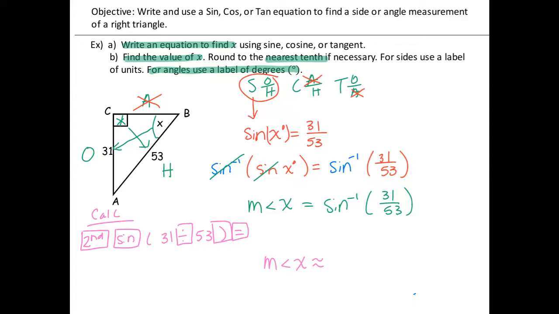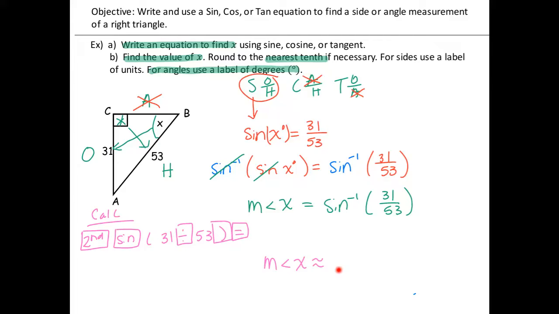And lefties, tell your partner, what did you get for your answer? To the nearest tenth. So after the decimal, one number.